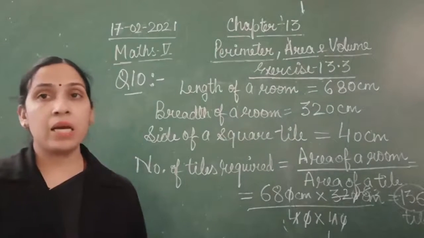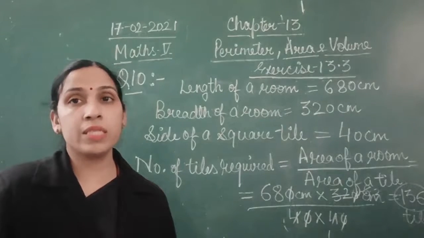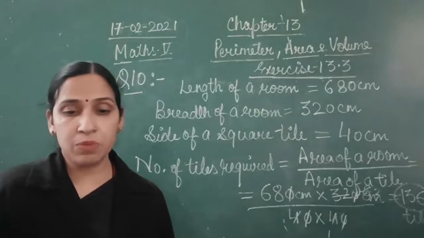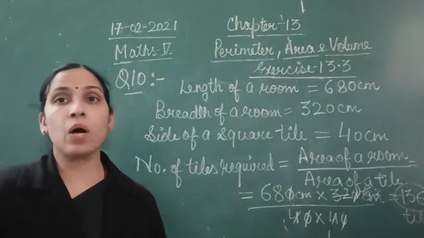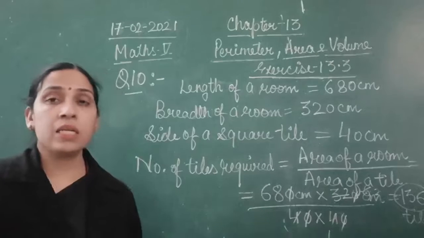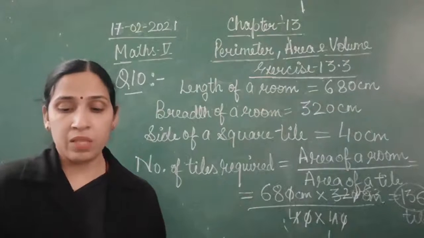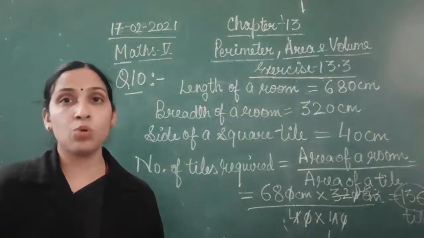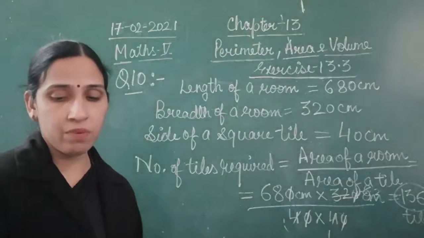This question is very nice and full of concepts, as many concepts which we have done. All these concepts we will summarize in one single question: how to find the number of tiles. Now sometimes in the question you are given the total cost to pave the tiles, the rate of paving.